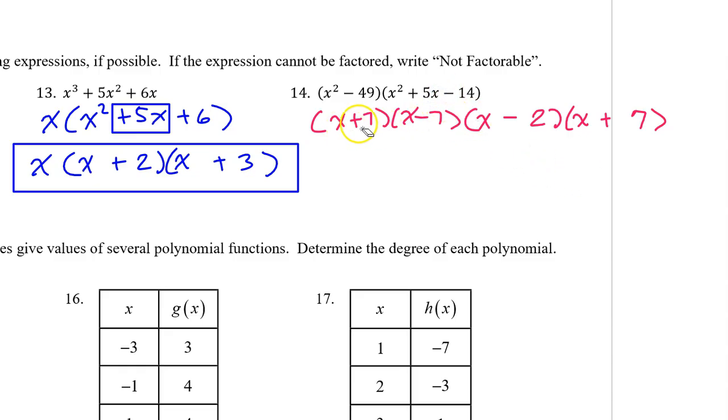Because of the repeated factor of x plus 7, we should group those together. So I'm going to bring down my x minus 7 and my x minus 2. But then let's write x plus 7 squared, because there's 2 of them.